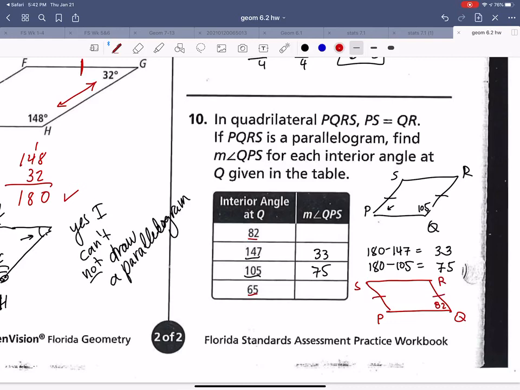It's actually the same thing. It's still 180, take away 82. So 98. And here, what if it was 65? Again, same pattern. 180, take away 65.